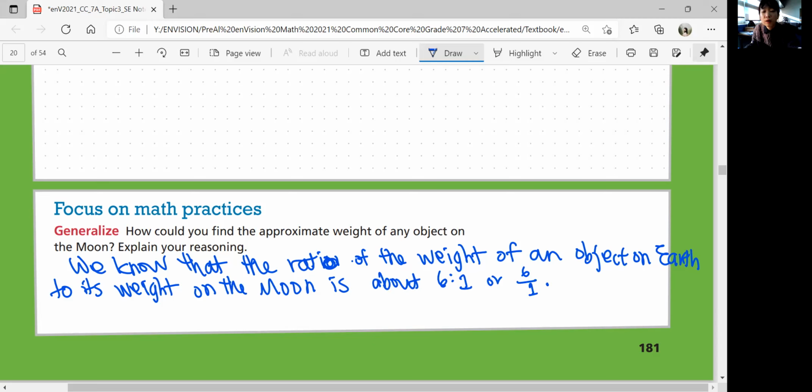So what can you do? How can you use this? You can find an equivalent ratio that shows the weight of any object on Earth to its approximate weight on the moon.